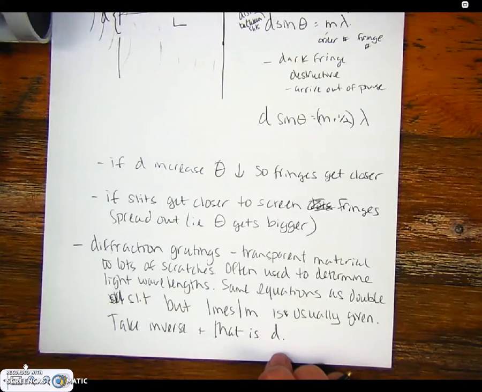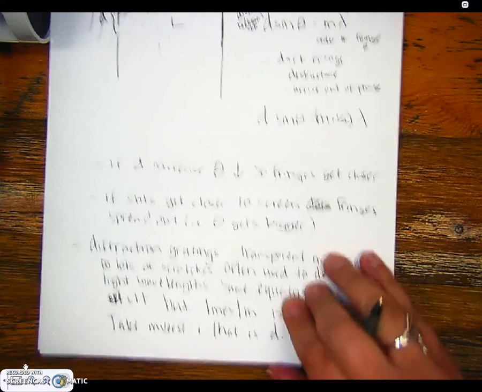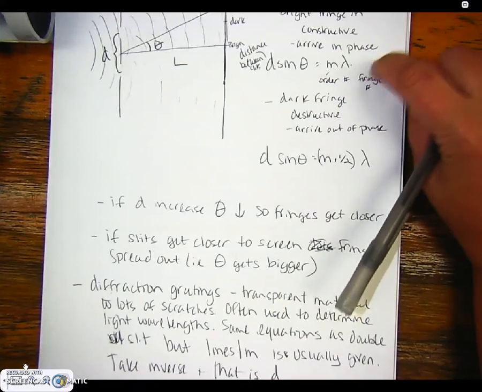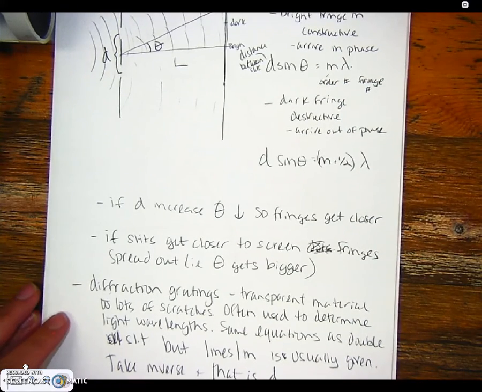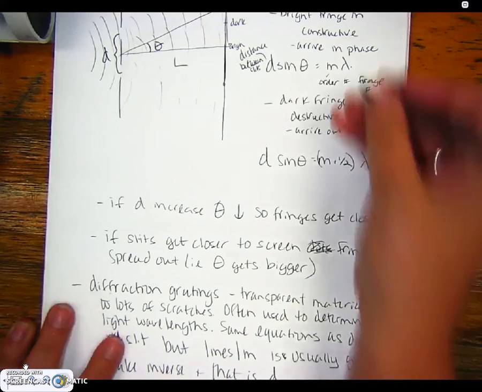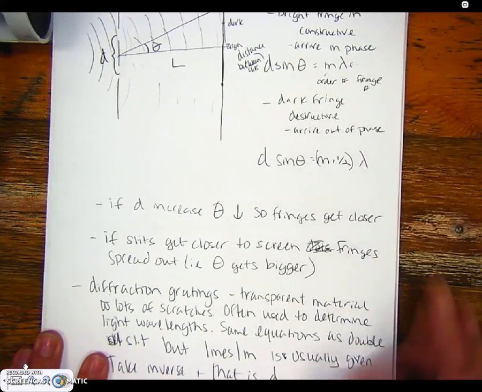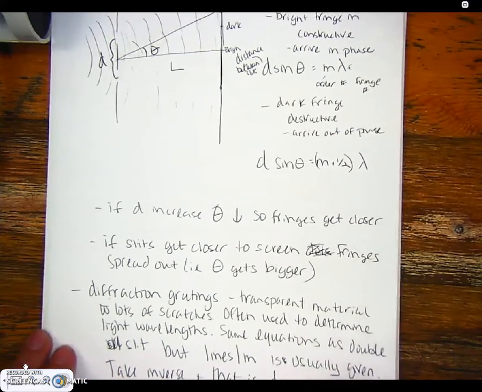So if you want to get the d for the equation, you have to take an inverse of that number. Taking an inverse of this number will give you d for the d sine theta equals m times the wavelength. But everything else is the same, the interference patterns and the order numbers, and typically we're looking for bright fringes there.